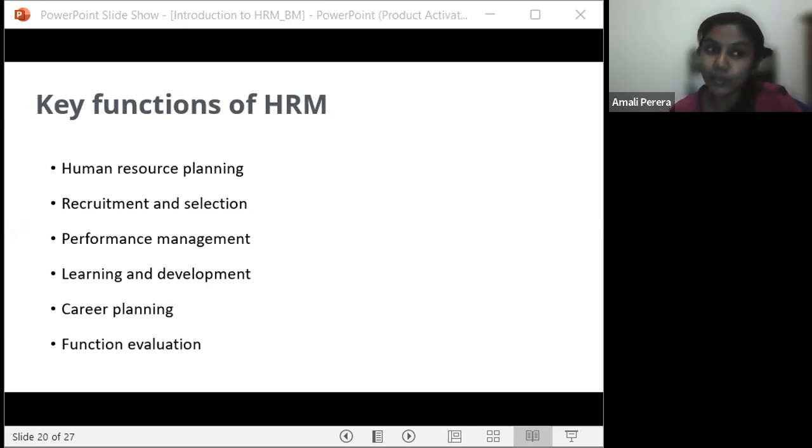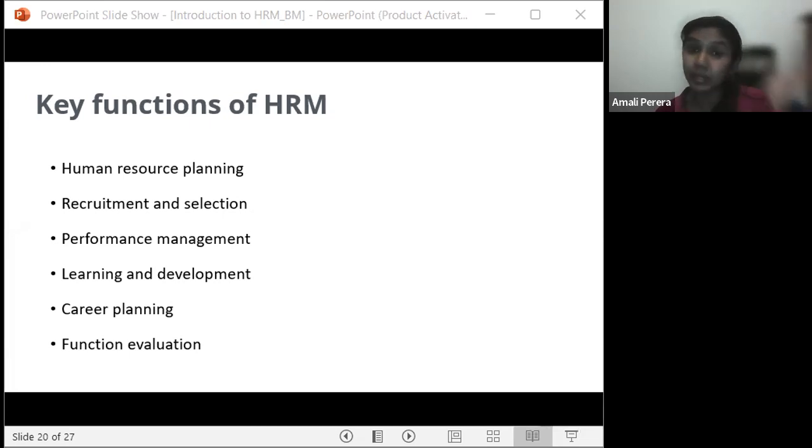I hope that part is very clear to you all. Then we have recruitment and selection. Recruitment and selection means we are getting people in, and out of that, we are selecting one person. It is the process of selecting the best candidate for an organization.